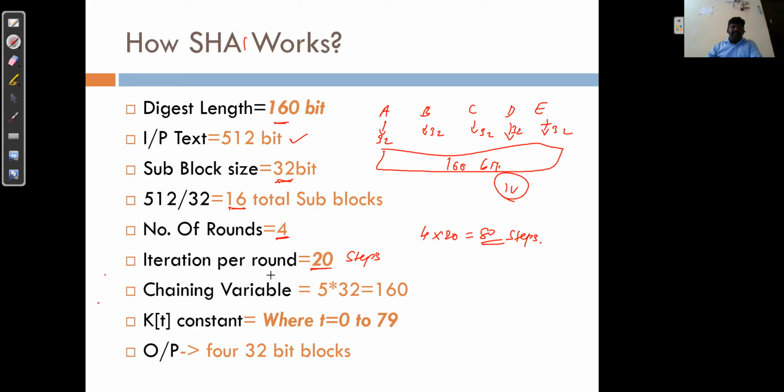Similar to the MD5 algorithm where we add 64 constants, here we have 80 constants. In each and every step we will be passing the constant value. At the end, whatever output we are getting is 5 32 bit blocks, which gives the 160 bit hash code value.